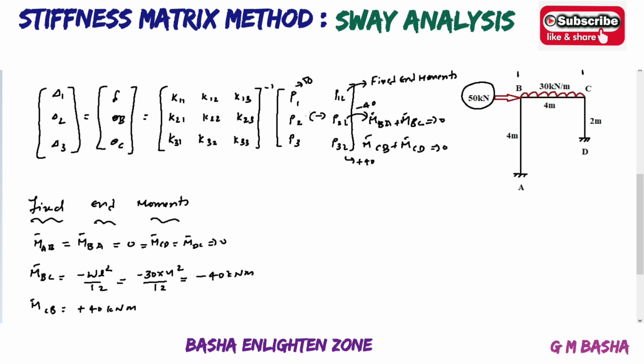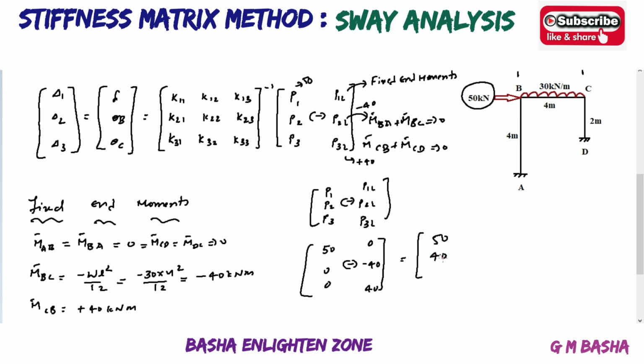If you simplify these entire forces, you will get P1, P2, P3 minus P1L, P2L, P3L. So if you take these values, 50, 0, 0 minus P1L, which is 0, and P2L, which is minus 40, and P3L, which is plus 40. See here, again if you simplify this one, how much will you get?